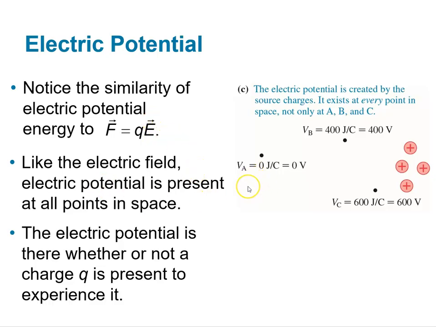And so it says, like the electric field, electric potential is present at all points in space. And it's present whether a charge is there or not to experience it. So there's a certain electric potential at point B and point C. The potential energy that a charge will have at point B or C depends on the size of the charge, but that potential is there whether or not a charge is there.